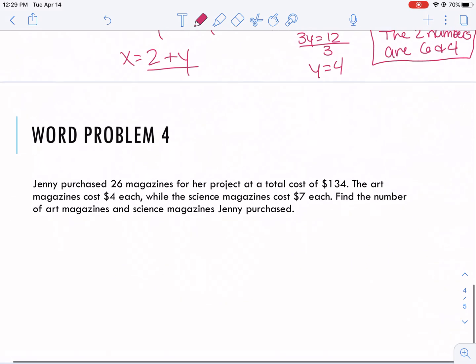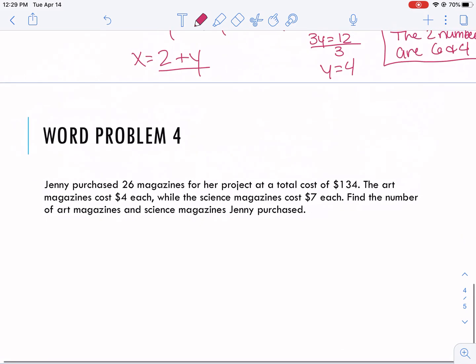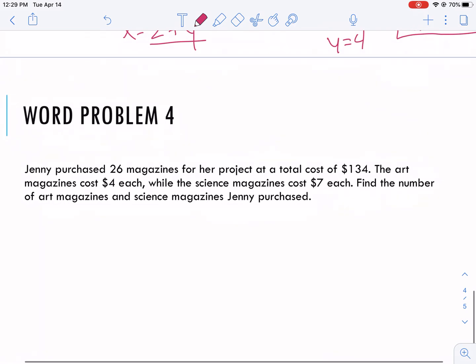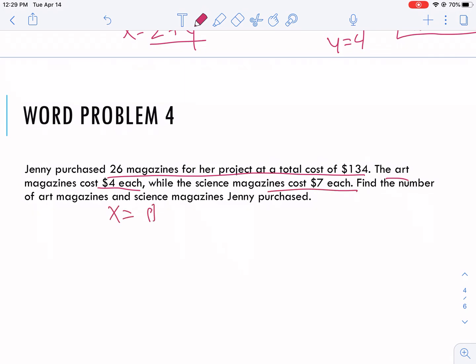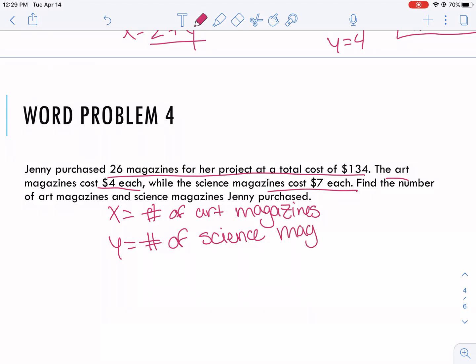All right, last one. So Jenny purchased 26 magazines for her project at a total of $134. The art magazines cost $4 each. The science magazines cost $7. So I want to find x equals the number of art magazines and y equals the number of science magazines.